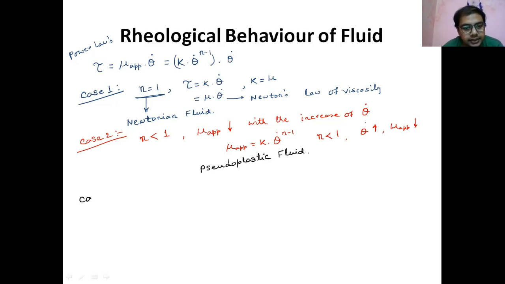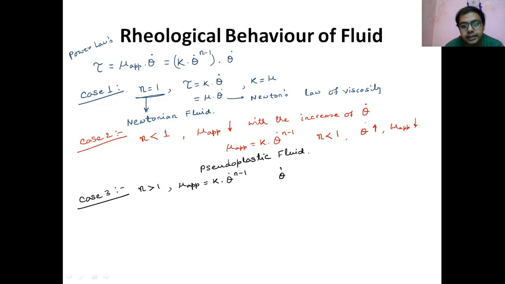Next, case 3. If n is greater than 1, for apparent viscosity you see n minus 1.